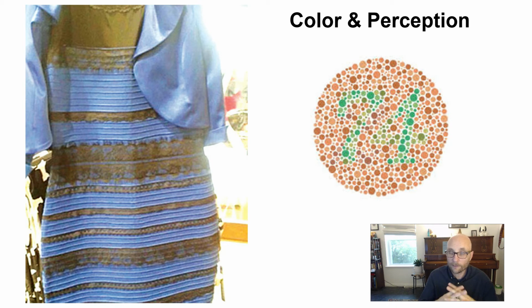Especially with men, genetically, there's a portion of men, something like 40%, don't quote me on that, but there is a percentage of men who have some level of color blindness. And it has to do with the number of red and green cones. Some men have fewer red and green cones than others, and so this number might be very difficult or impossible for you to see because of your lack of cones.